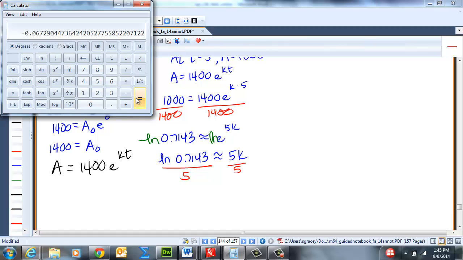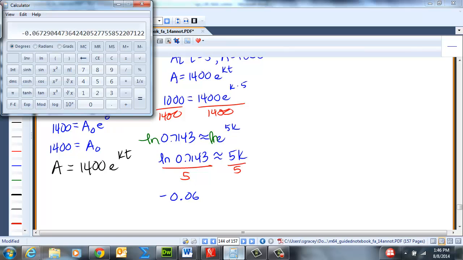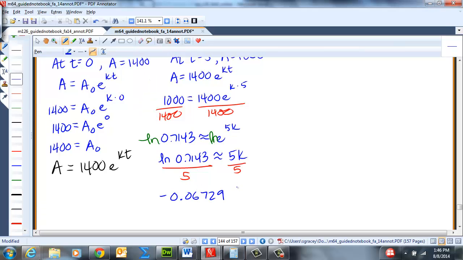So approximately negative 0.06729 is approximately k.